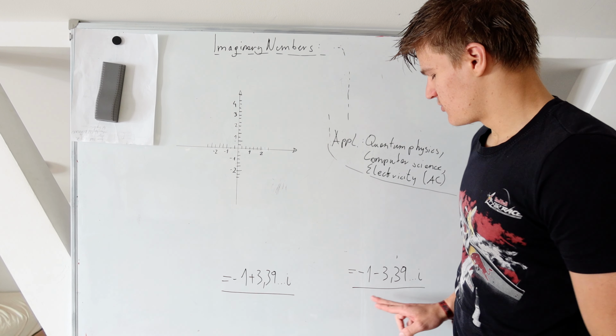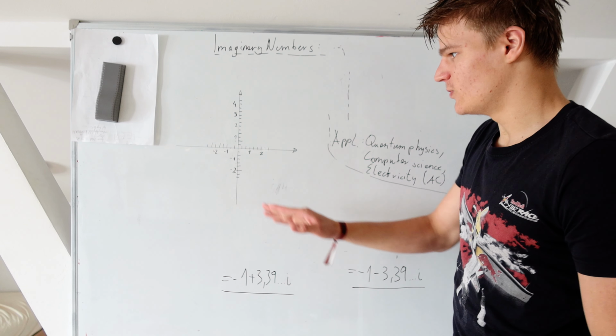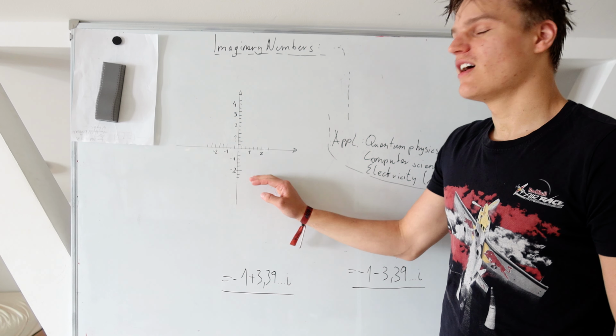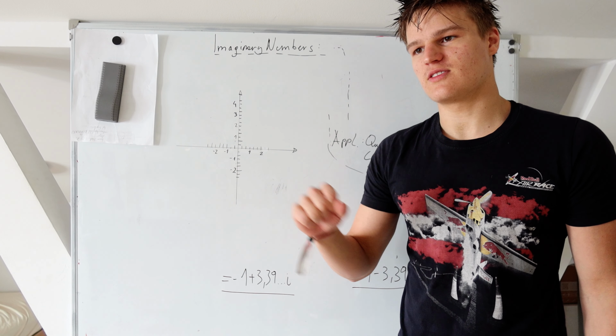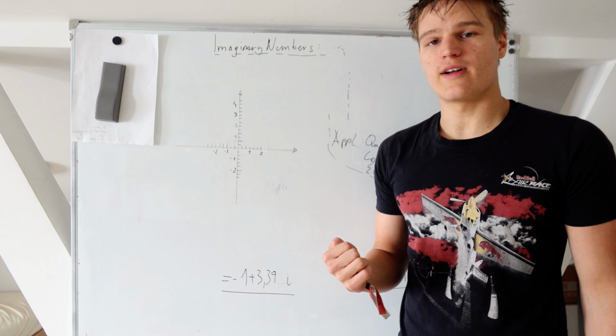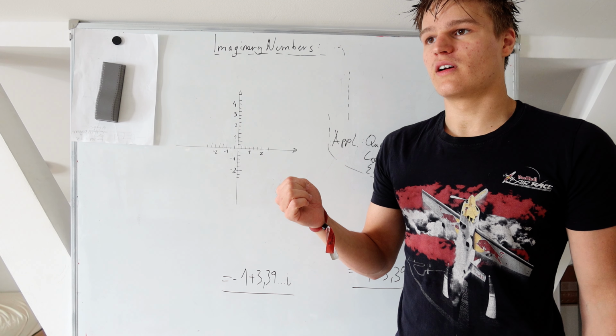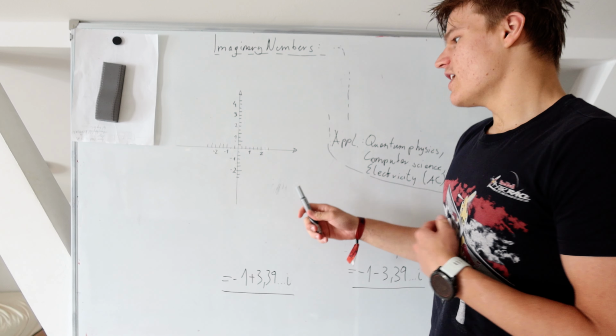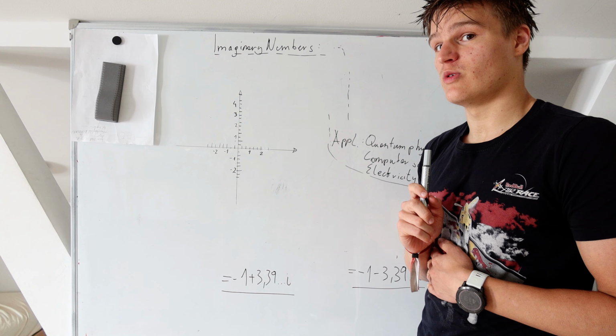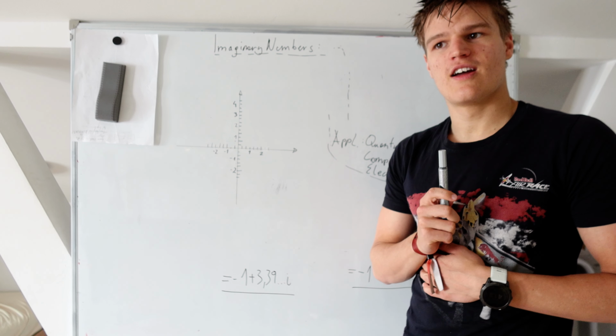What do these results actually tell us? So we have a plane here, right? And we said that instead of just having real numbers, such as 1, 2, 3, or fractions, or irrational numbers, which are all real numbers, we have imaginary numbers.